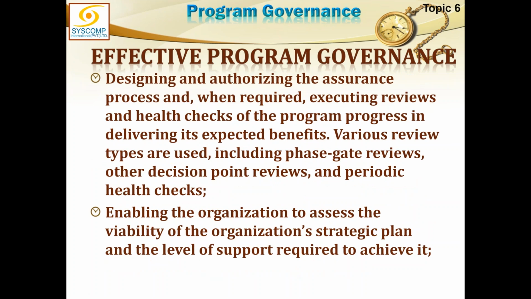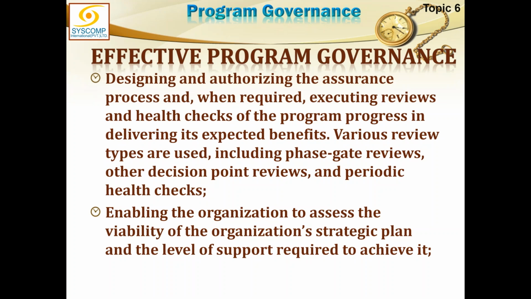Designing and authorizing the assurance process, and when required, executing reviews and health checks of the program progress in delivering its expected benefits. Various review types are used, including phase gate reviews, other decision point reviews, and periodic health checks.